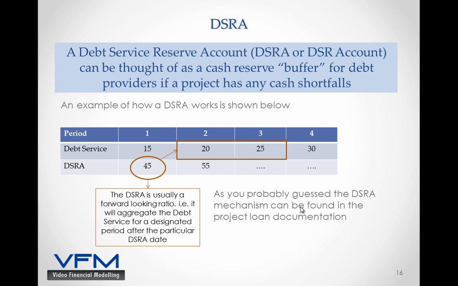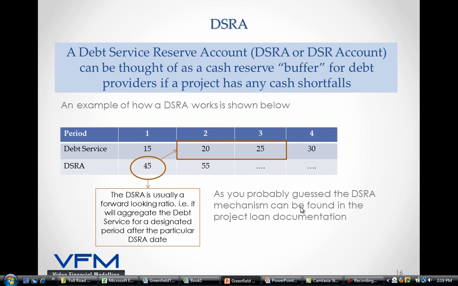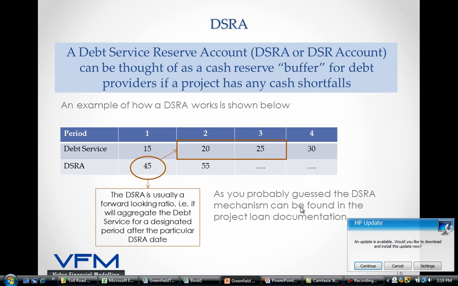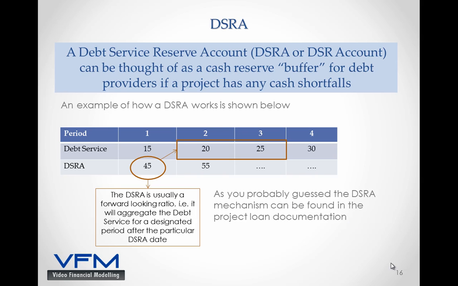So if we aggregate the debt service, remember that is your interest and principal in most cases, it can sometimes include other fees like agency fees, etc. As always, debt service is going to be defined in your project loan documentation. So if we aggregate that debt service, we can find what our debt service reserve account should be in period 1, for example. So what we would do is we'd add up period 2 and 3.